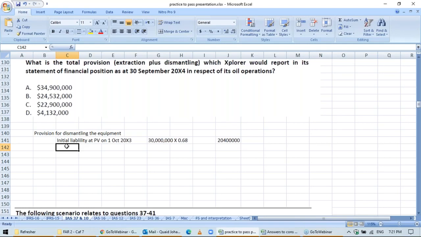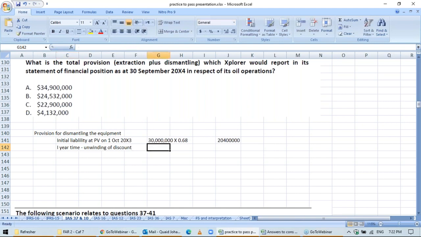So in 1 year's time, what happens? 1 year has gone. You will have to unwind the discount. You calculated the present value, so you reduced the amount.